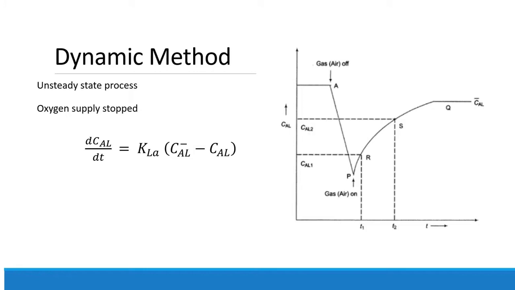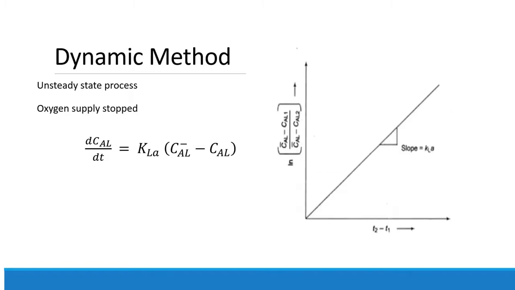The rate of change of concentration of oxygen in the PQ region is given by dCaL by dt is equal to KL into A into C bar AL minus CAL, which upon integration yields KLA is equal to ln of C bar AL minus CAL1 whole divided by C bar AL minus CAL2 whole divided by T2 minus T1.